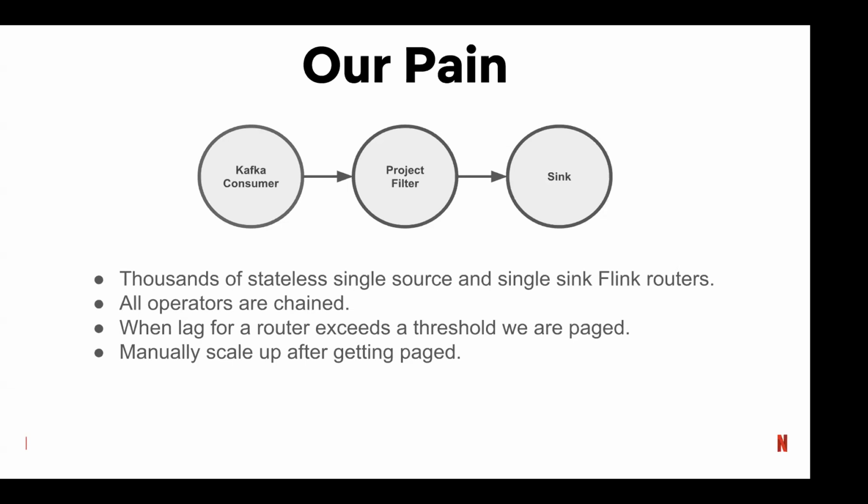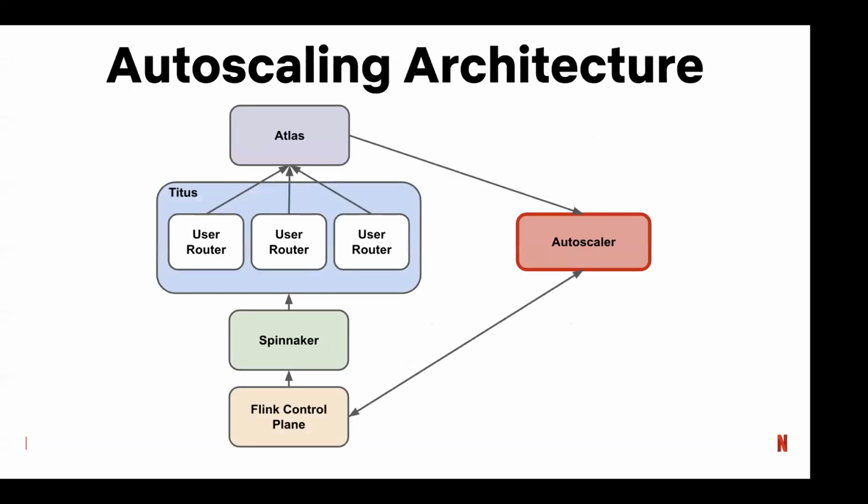So this was not very pleasant, running several thousand of these jobs. We would get several pages a day at all times of the day and night, and we would just have to manually scale these things up. And we also ended up severely over provisioning the jobs. So we wanted to automate this.